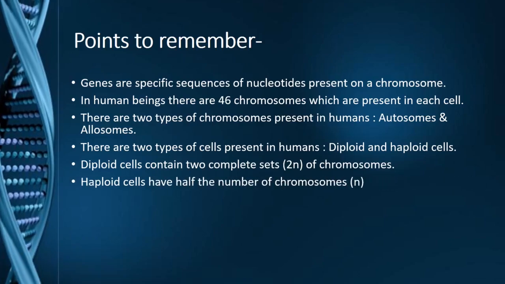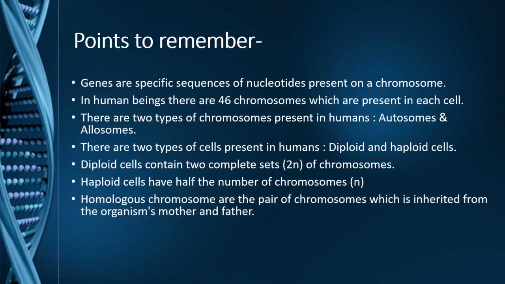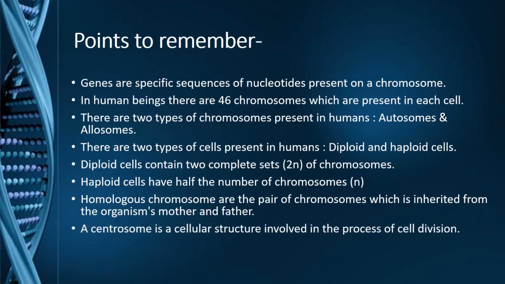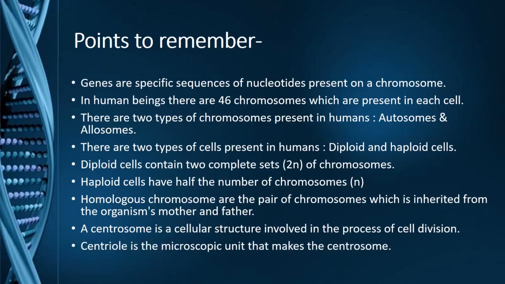Diploid cells contain the complete set of chromosomes. Haploid cells contain half the number of chromosomes. Homologous chromosomes are the pair of chromosomes inherited from the organism's mother and father. A centrosome is a cellular structure involved in the process of cell division. A centriole is the microscopic unit that makes up the centrosome.